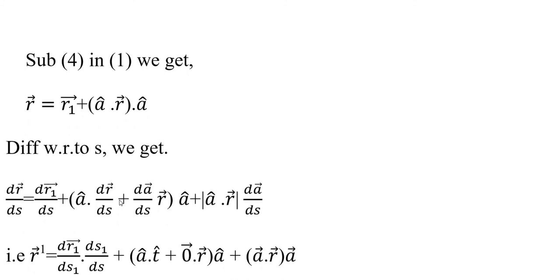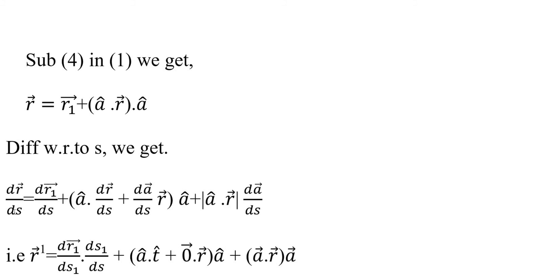Now we substitute this value in equation 1, we get R vector equal to R1 vector plus A cap dot R vector into A cap. Now differentiating with respect to S, we get dr by ds equal to dr1 by ds plus A cap dot dr by ds into A vector plus A cap dot R vector into dA by ds.